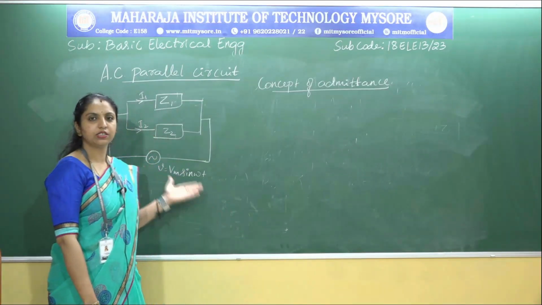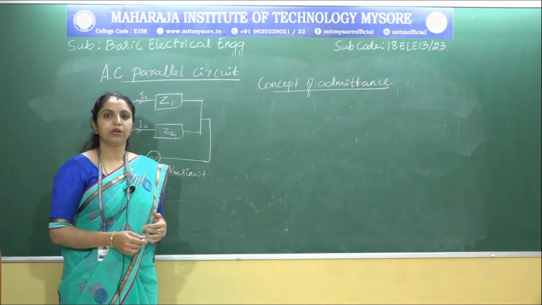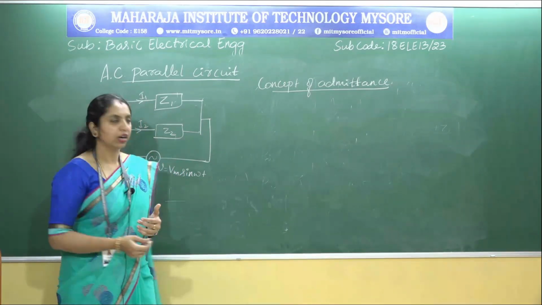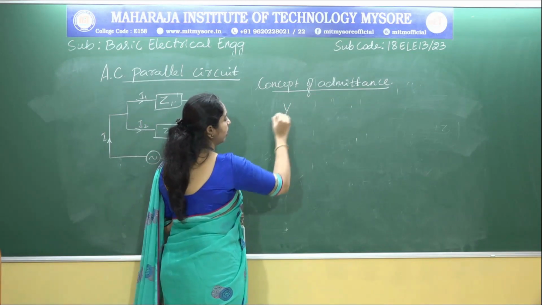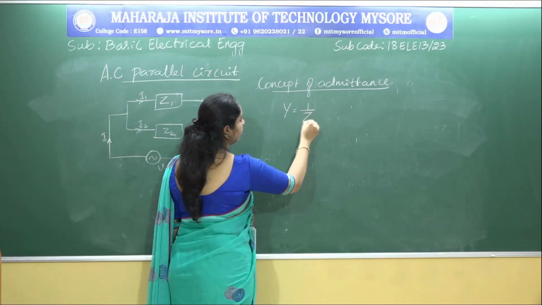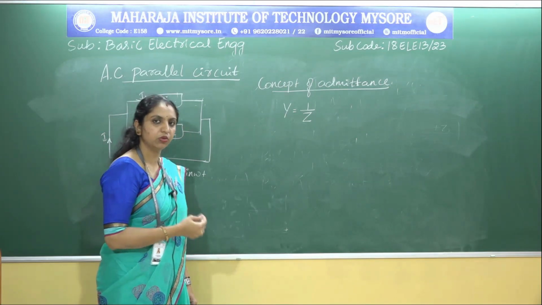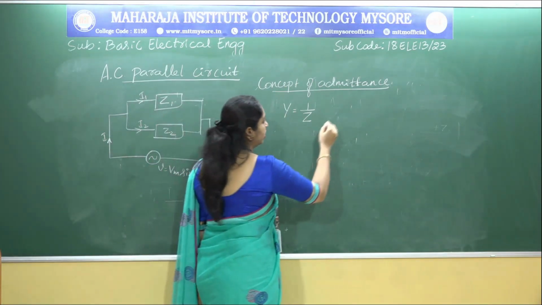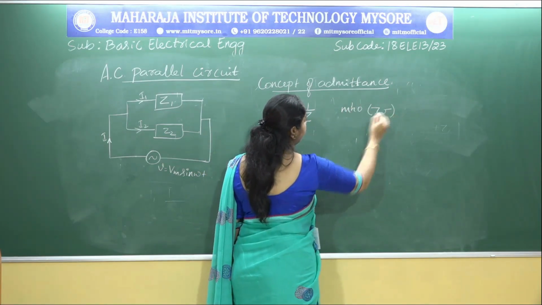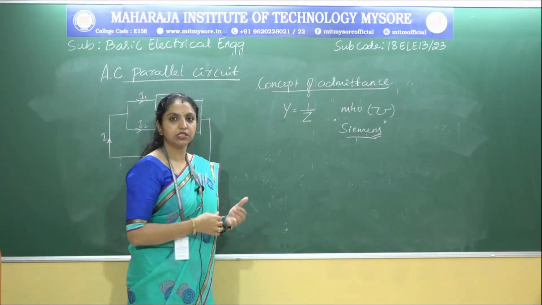In the same AC parallel circuit, we have another concept called admittance. Admittance is defined as the reciprocal of impedance. Remember admittance, which we denote as Y, is the reciprocal of impedance, and the unit of impedance is ohm.